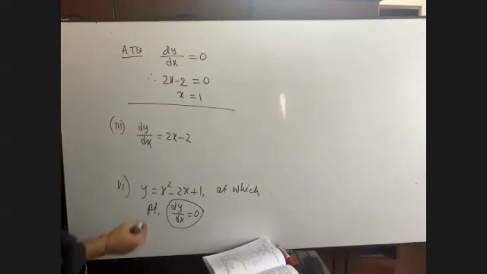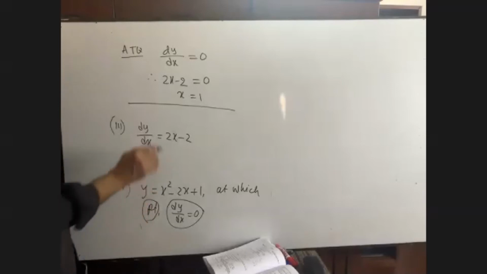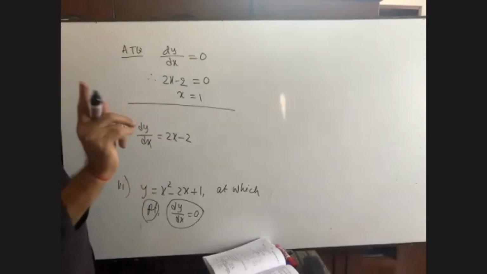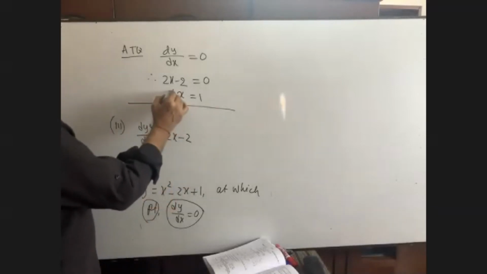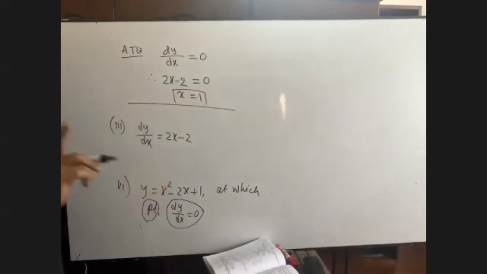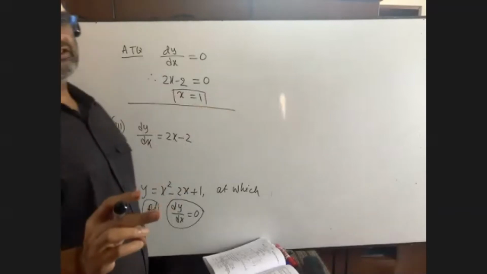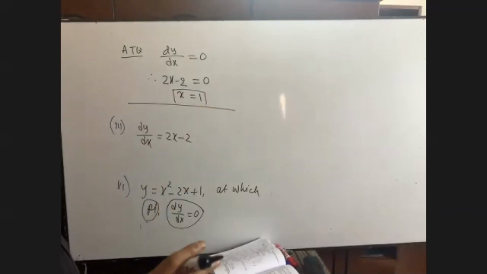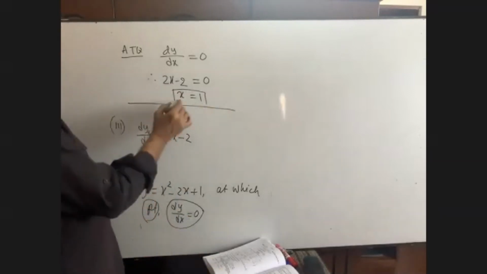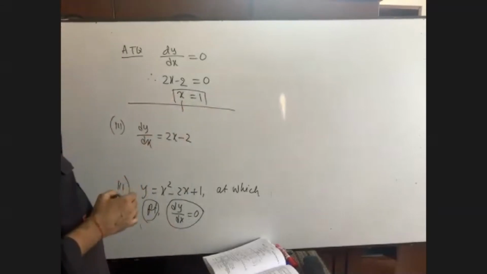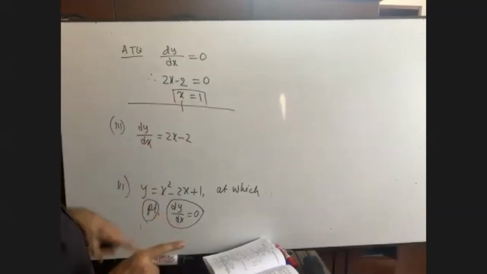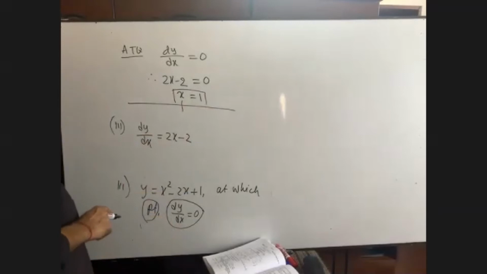Which point? A point does not mean only x equals to 1. A point has two things. Number 1, abscissa, that is x. Number 2, ordinate, that is y. So we have found x, that is abscissa, but we have not found the ordinate yet.